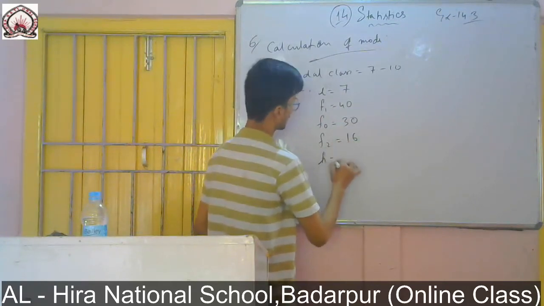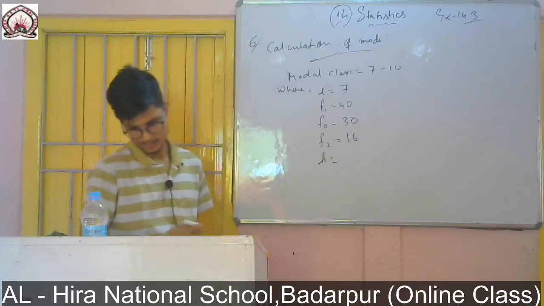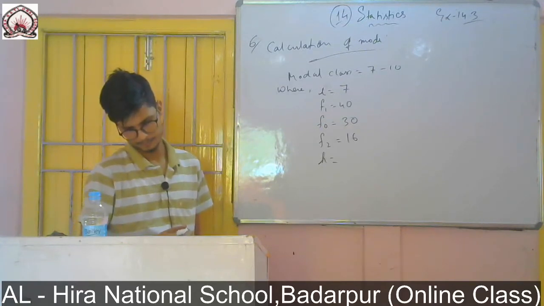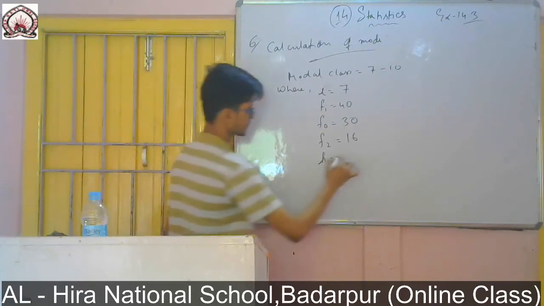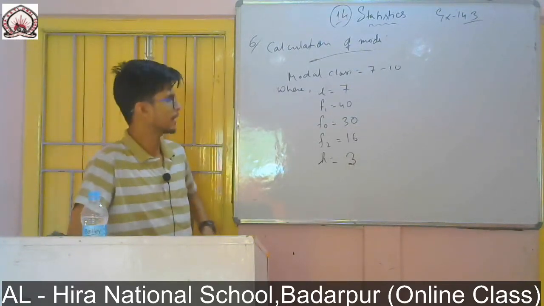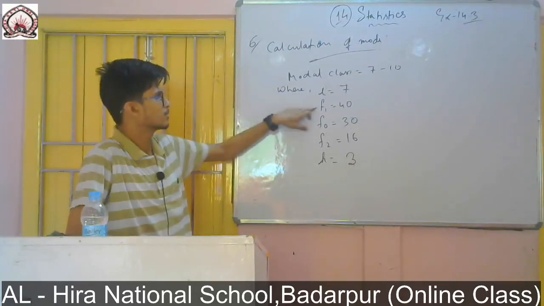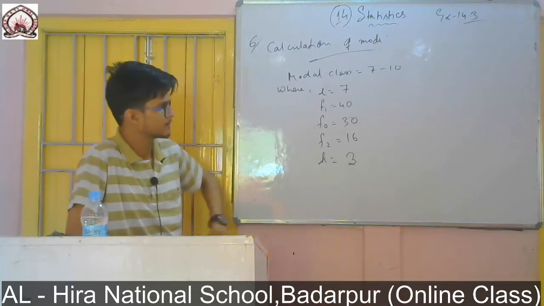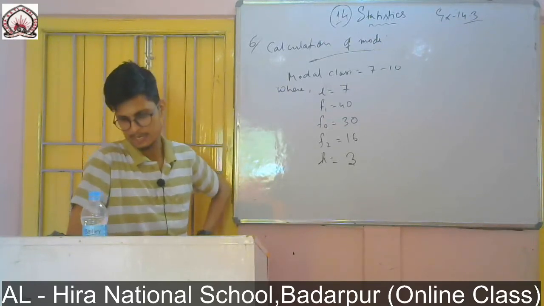The height h is 3. So L equals 7, f1 equals 40, f0 equals 30, f2 equals 16, h equals 3.